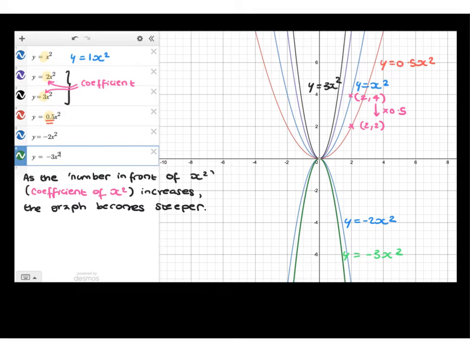So, for instance, the graph of y equals 2x squared, which you can just about see in purple here, and the graph of y equals negative 2x squared essentially have the same level of steepness, but they're reflections of each other in the x-axis. So, important to realise that the coefficient, the number in front of the x squared, dictates how steep the graph is, and if there is a negative sign, this just results in a reflection.